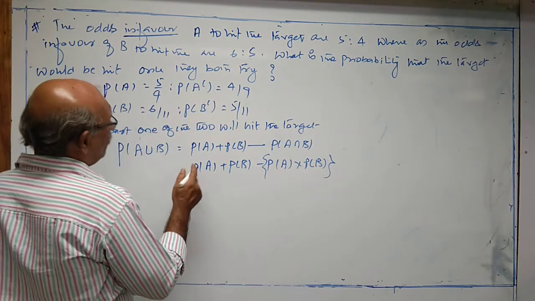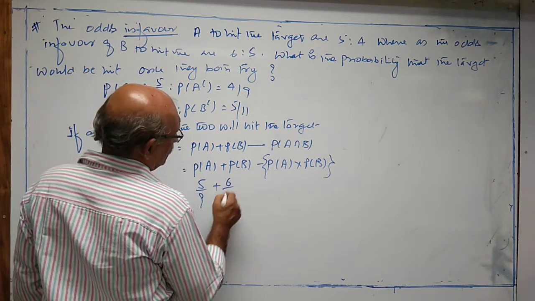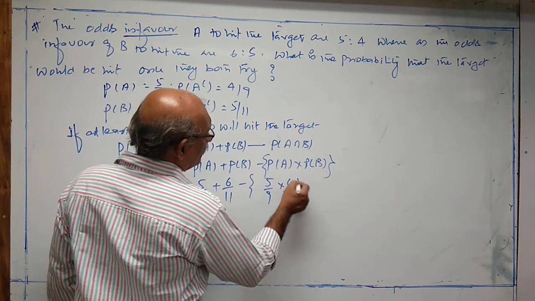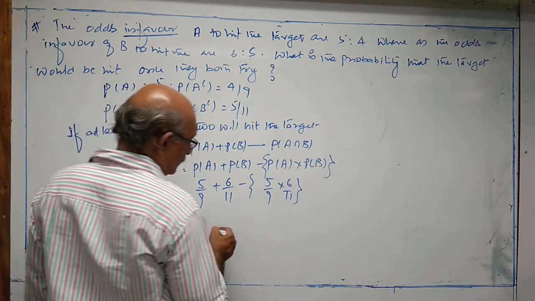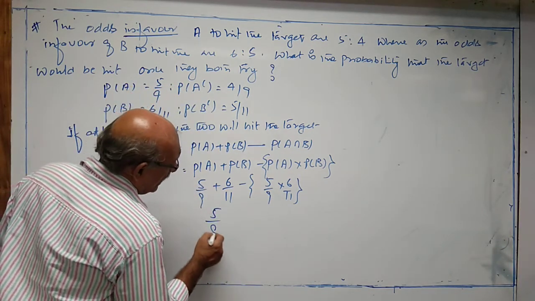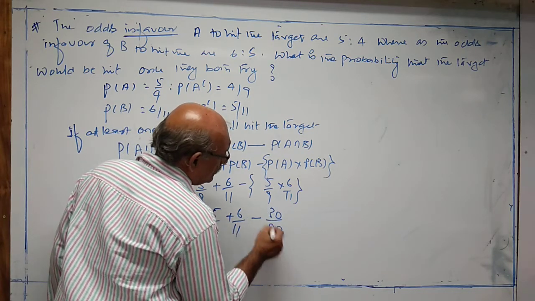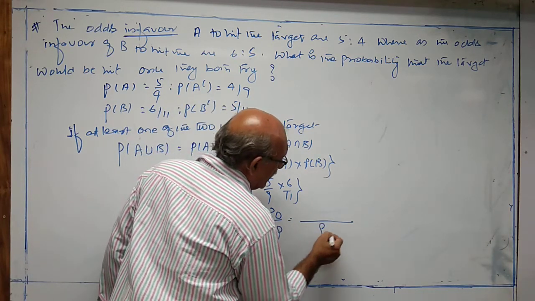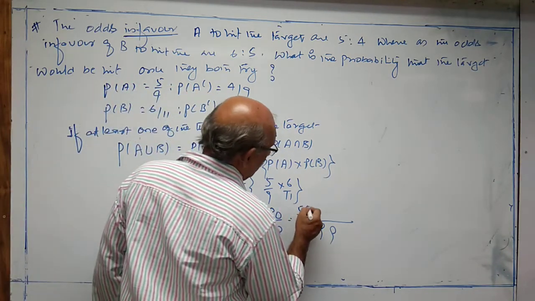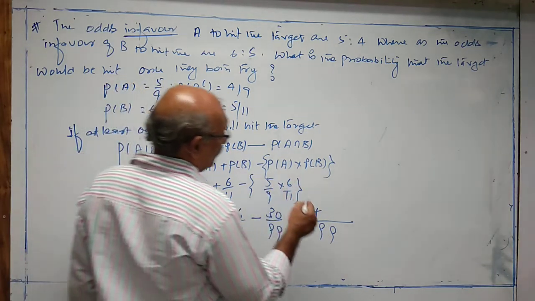P of A is equal to 5 by 9. P of B is equal to 6 by 11. 5 by 9 into 6 by 11 is 30 by 99. 5 by 9 plus 6 by 11 minus 30 by 99. So I can take 99 as LCM. 9 will go 11 times, 11 5s are 55. 11 will go 9 times, 9 6s are 54.